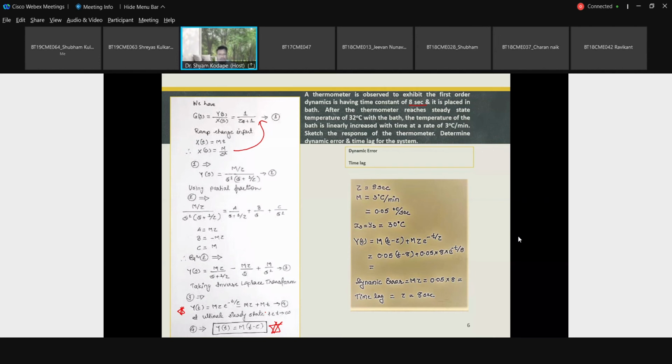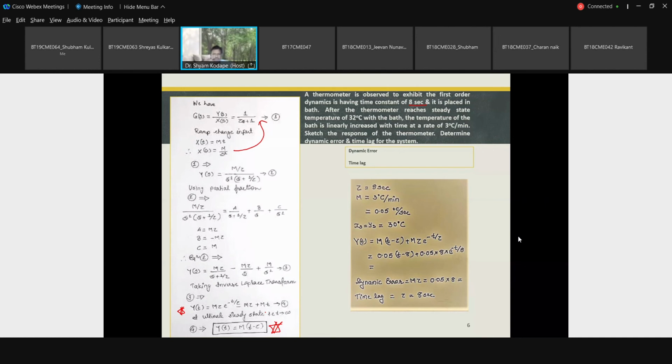What is ultimate steady state? Ultimate steady state is when t tends to infinity, by substituting in equation number 4. This is the situation whenever the change introduced enters into the system.